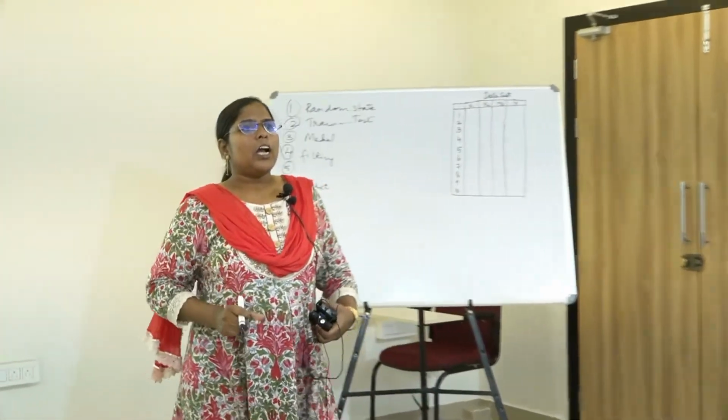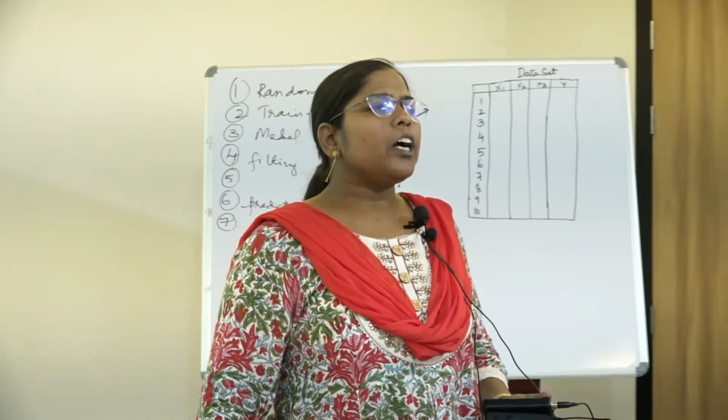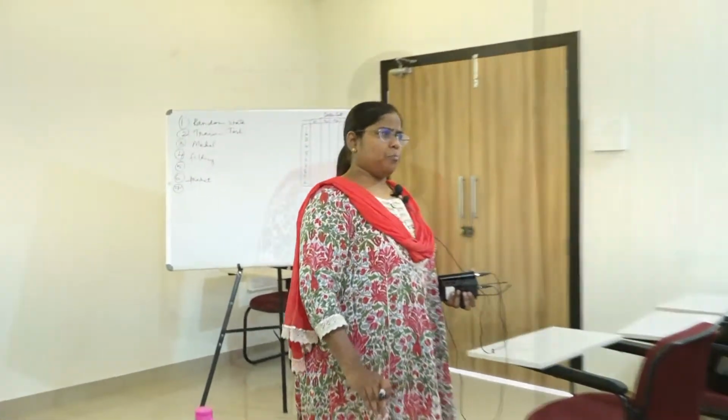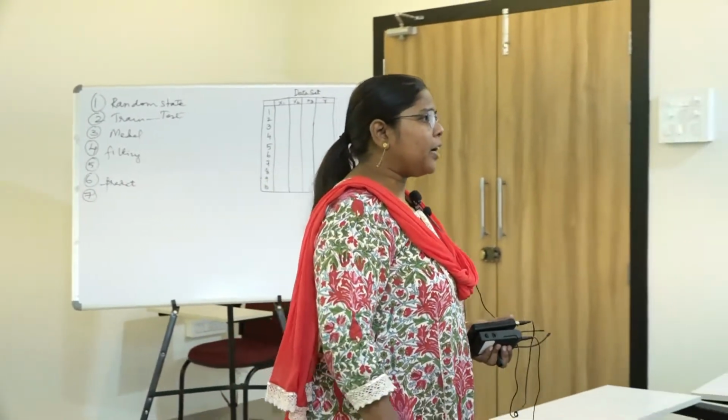Yes, just now in mathematics, sir talked about a random variable. When we are talking about a random variable, we are doing an experiment randomly such that we are expecting some outcome.